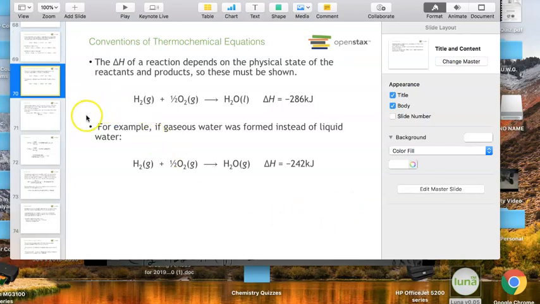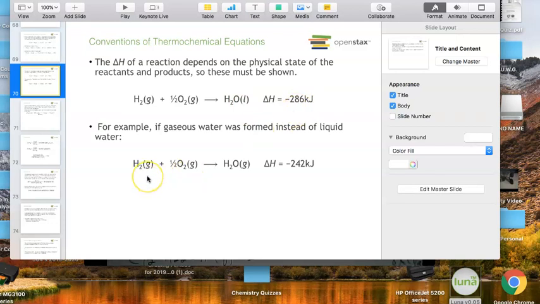The enthalpy of the reaction depends on the physical state of the reactants and products, so you also must specify the states. For example, here we have hydrogen gas and oxygen gas yielding liquid water, with an associated enthalpy value of negative 286 kilojoules.